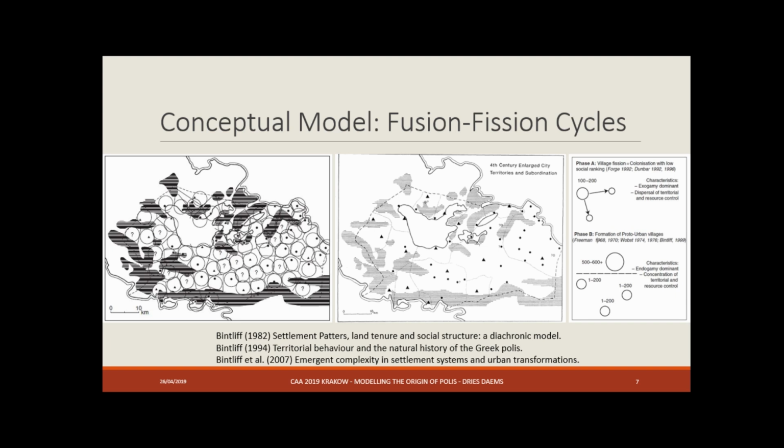But basically, the idea is that in order for some of these communities to start to grow, they needed to develop a certain form of social organization. And that allowed some of them to incorporate other communities in fusion processes or to make them dependent in a hierarchy.